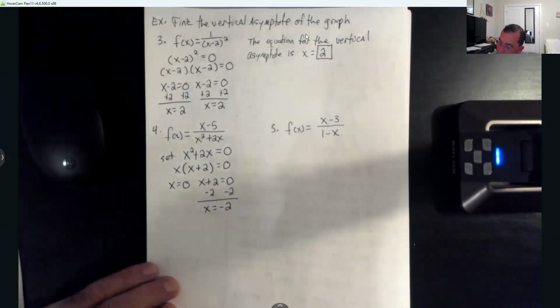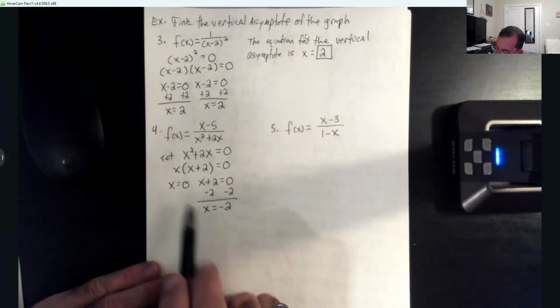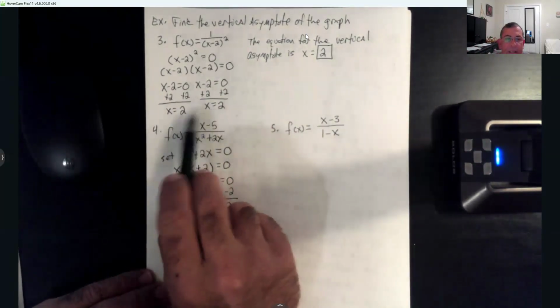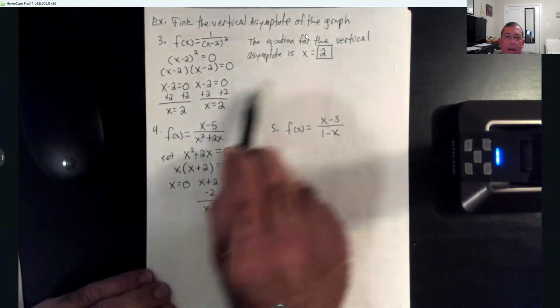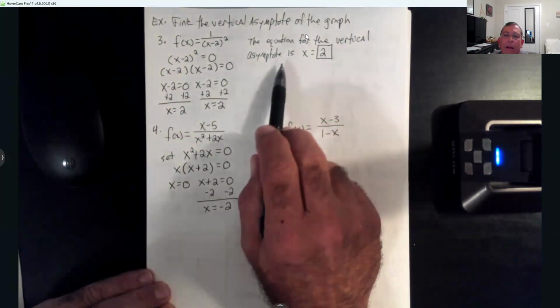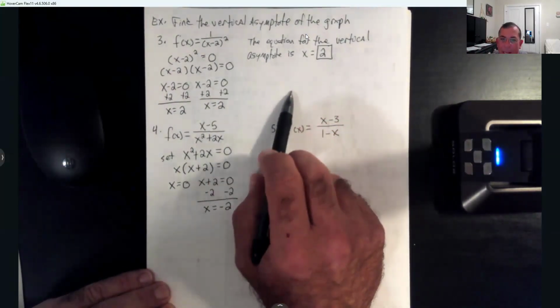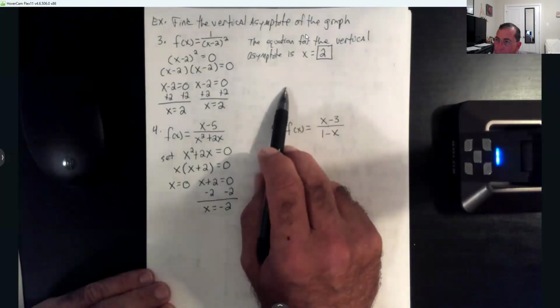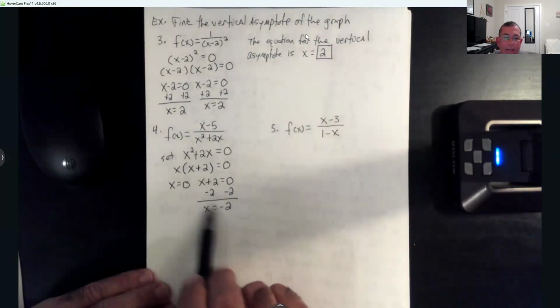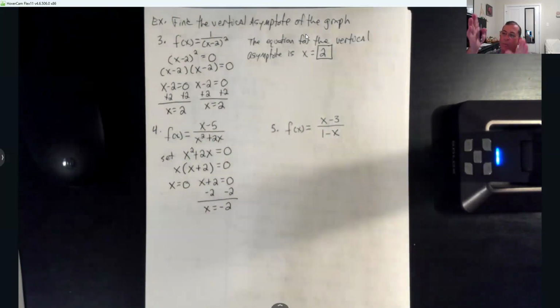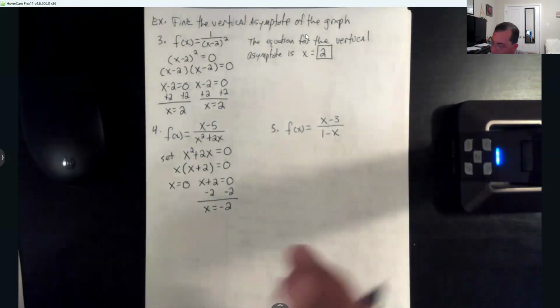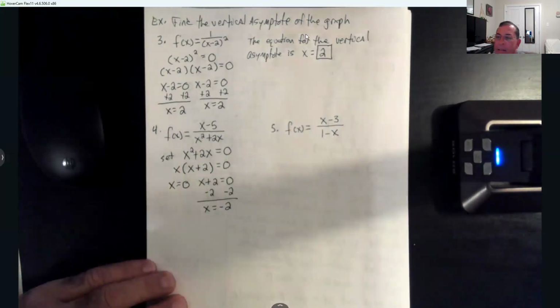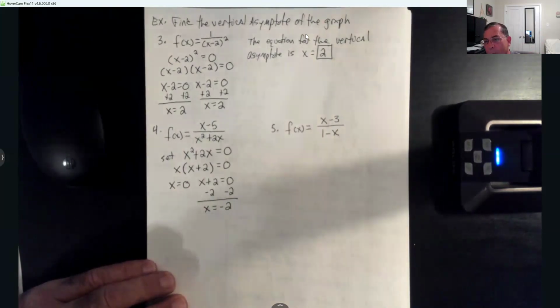And I want you to notice the ones that got a single answer, you only have one place where it makes that imaginary vertical line. If you got 2 answers, there's 2 places where it's doing that, okay? So this one only got one x, so it would only have one place where it would be undefined.